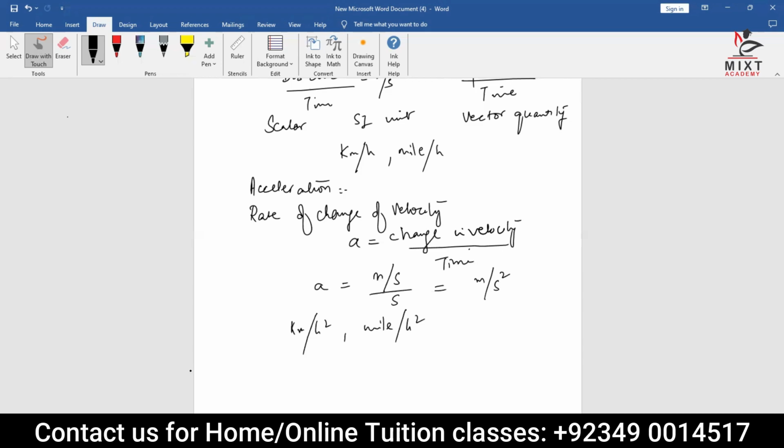Let an object be moving with the initial velocity u, capital U. After time small t, the velocity changes to capital V.